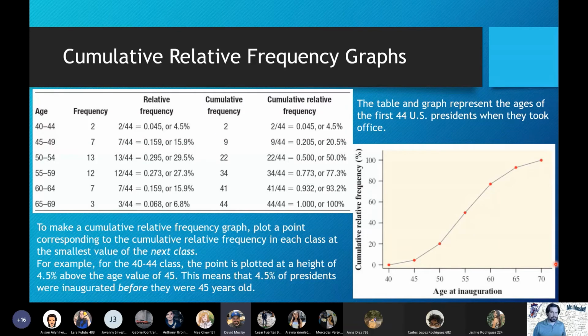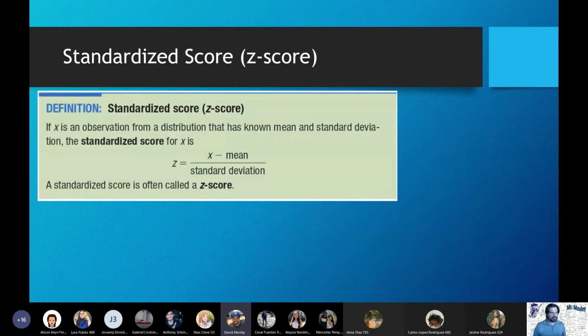So, moving on to our last slide here. Another related topic. The other thing we're going to talk about today is the standardized score, otherwise known as the Z-score. This relates back to our standard deviation, which we learned more about on Tuesday.